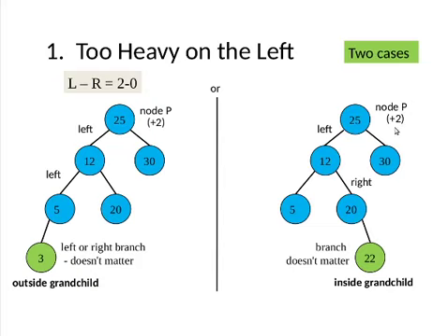Note that the new node 22 was inserted on the left of 25 and on the right of node 12. This is a left-right insertion, and as mentioned earlier, we require the double left-right rotation to restore the balance factor.